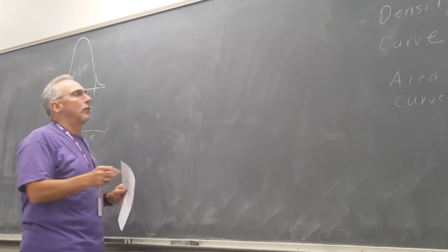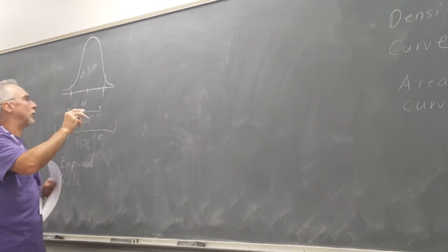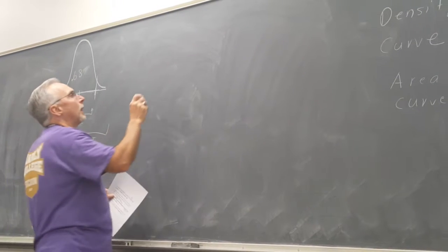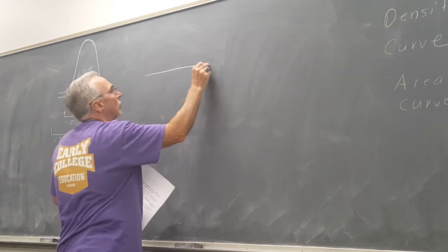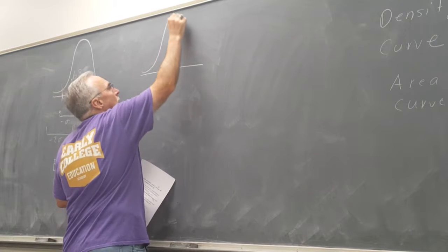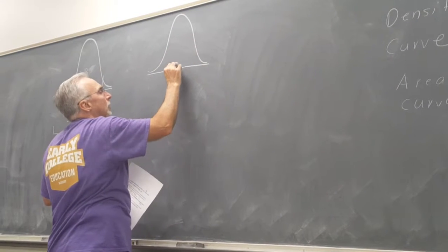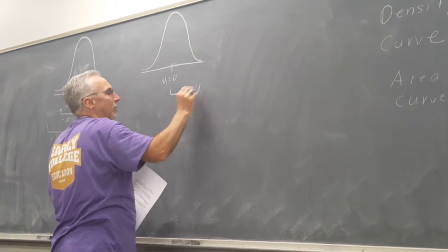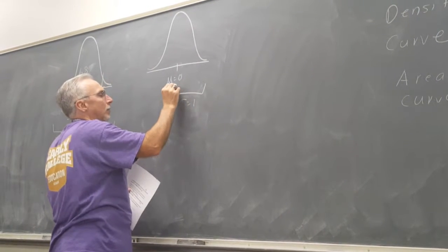So one thing we're going to do, rather than have a lot of different curves with different means and standard deviations, is look at a specific normal curve that has a mean of 0 and a standard deviation of 1.